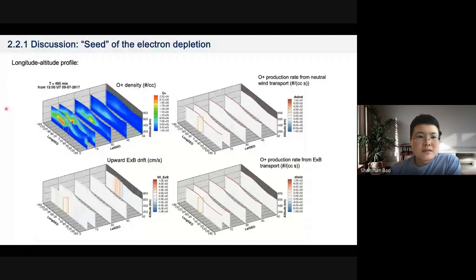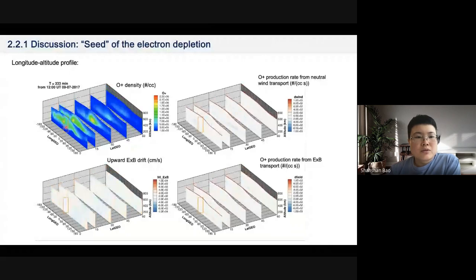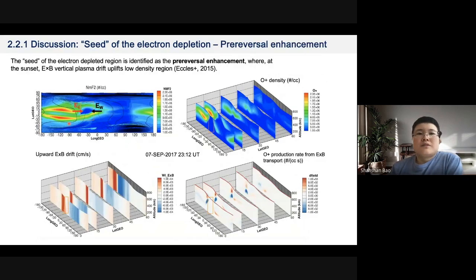So you can see that there's an uplifting of the low O plus region, uplifted from low altitude toward a higher altitude in the F region. This has been identified as the pre-reversal enhancement.